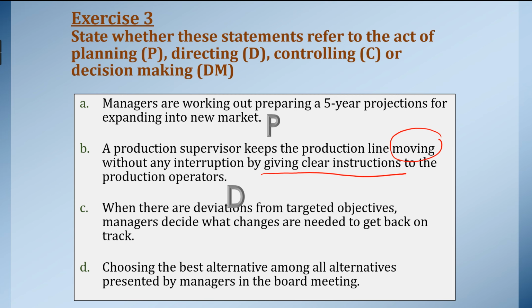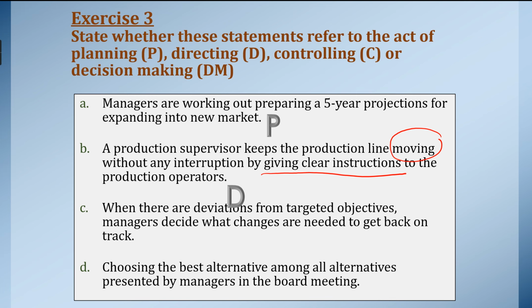Okay, and then we look at C. When there are deviations from targeted objectives, manager decide what changes are needed to get back on track. Okay, kalau kata tiba-tiba daripada target objektif tu ada berlaku sedikit glitch atau ada macam halangan sikit, so apa yang dia nak kena ubah so that they can go back on track.